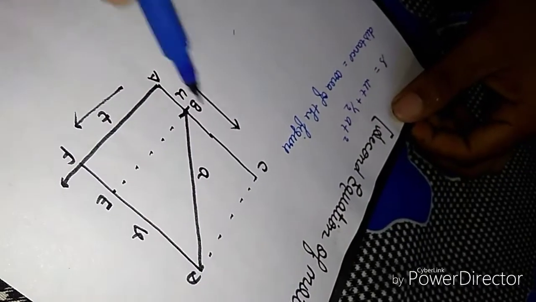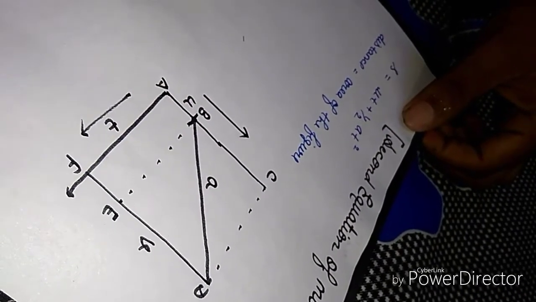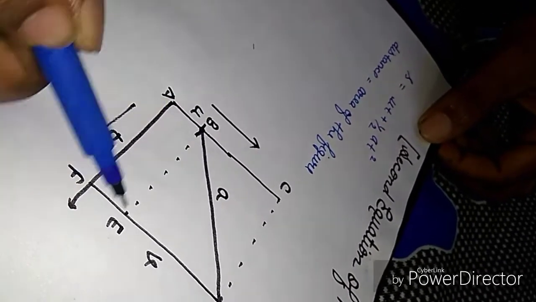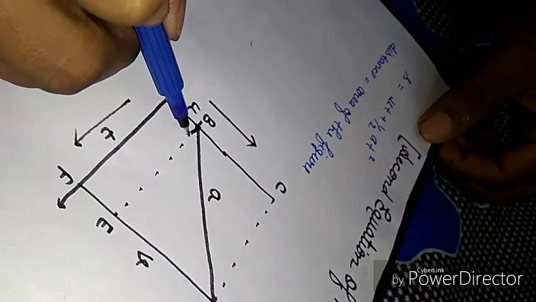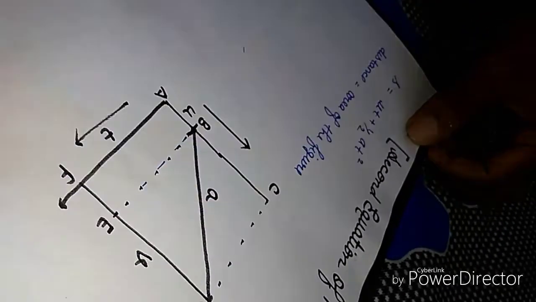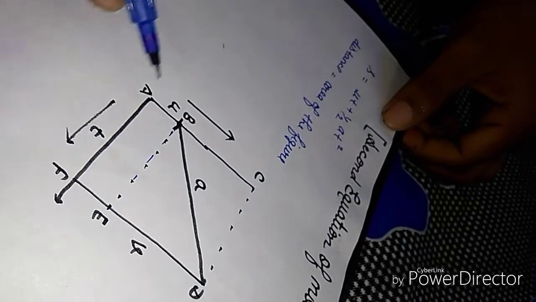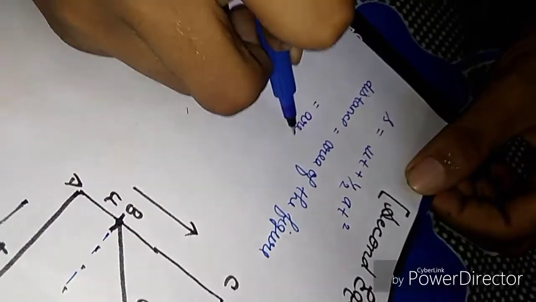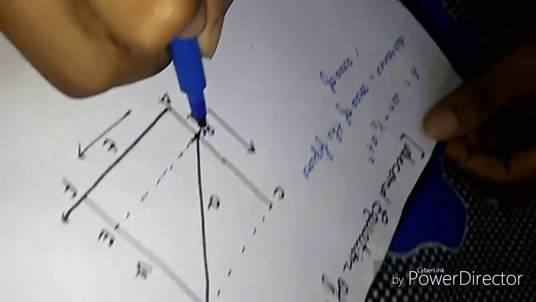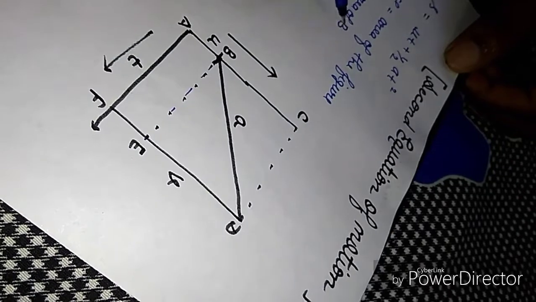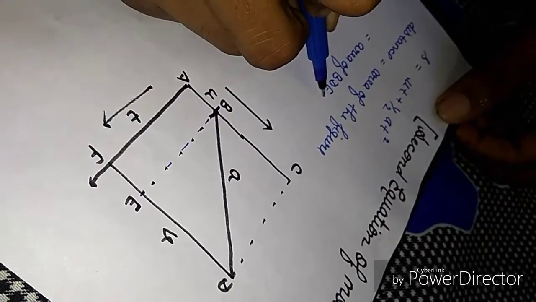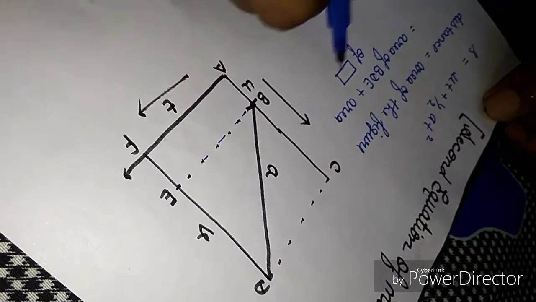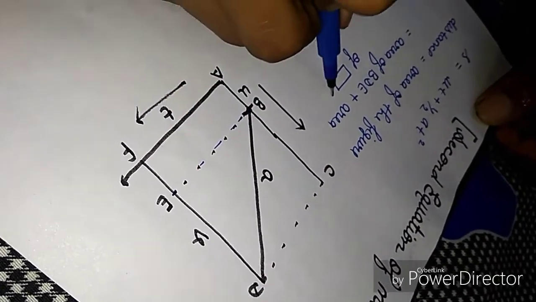ABDF is divided into two figures, having two areas. First BDE, which is a triangle, and ABEF, which is a rectangle. So the area of triangle BDE plus the area of rectangle ABEF.